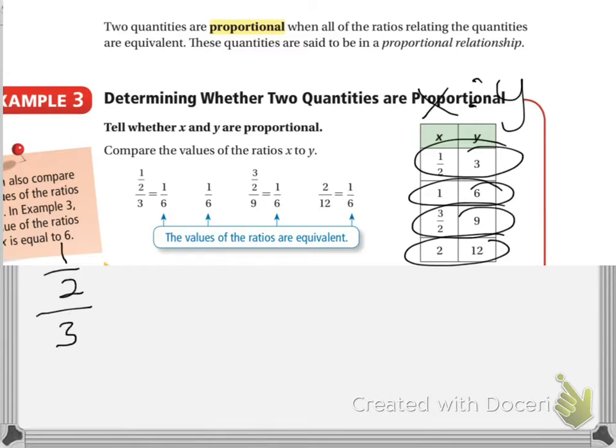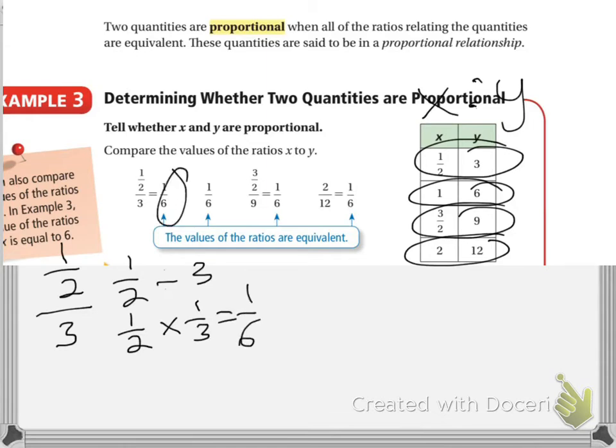In order for me to simplify this, since the numerator has a fraction in it, I'm going to change this to a division problem because we know every fraction is a division problem. So I've got my 1/2 divided by 3, which really means, take your same change flip, 1/2 times 1/3, which equals 1/6.